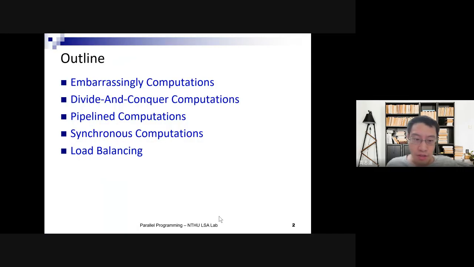All right, so as you can see, we will introduce four very basic and commonly seen parallel programming strategies or methods, including embarrassingly parallel computation, divide and conquer, pipeline, and synchronous computations. And some of those computations you have probably already seen in other areas like CPU design or your algorithm course.